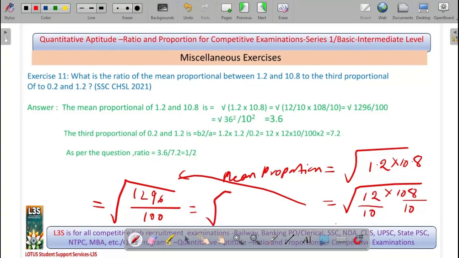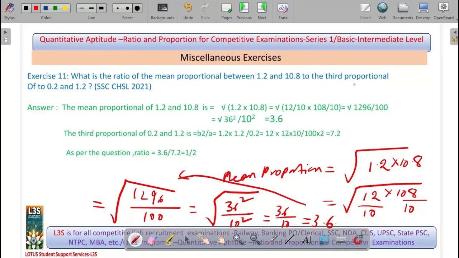We know 1296 equals 36 square and 100 is 10 square. So the square root will become 36 by 10. So it becomes 3.6. So the mean proportion will be 3.6.